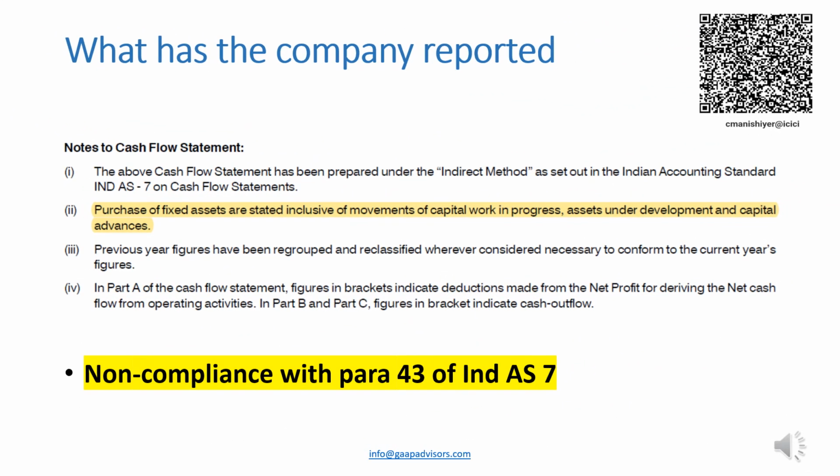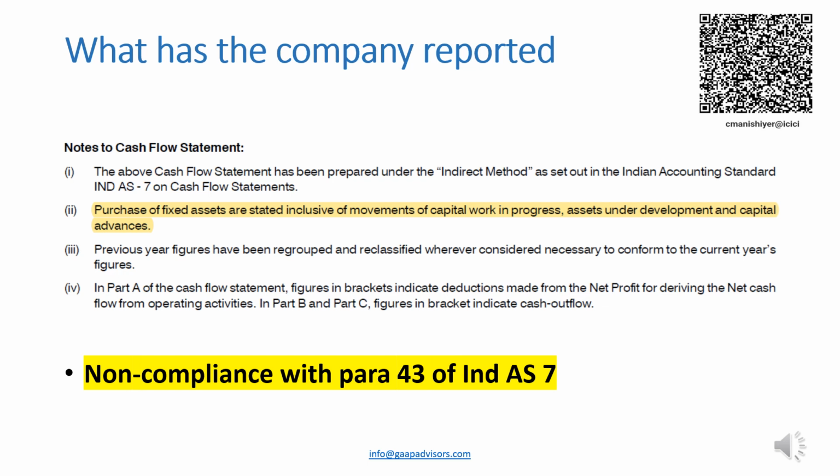A listed company other than NBFC has reported notes to cash flow statement as shown in the slide. A previous video on GAAP Advisors channel discussed how the note on reclassification of previous year's figures was not in accordance with Ind AS 1.